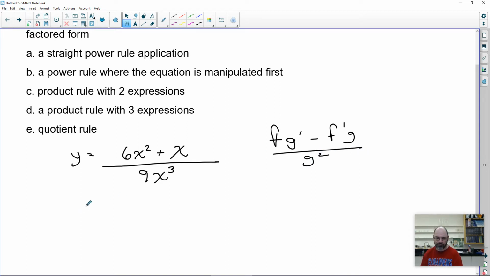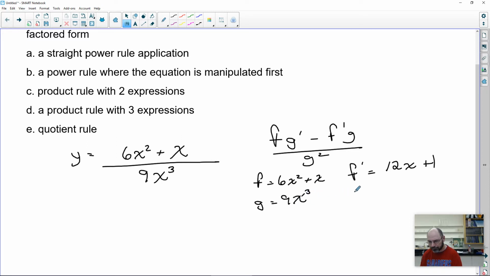Okay, so if we take f being 6x squared plus x, f prime, using the power rule, would be 12x plus 1. And then if we do g equals this, g prime is going to be 27x squared.